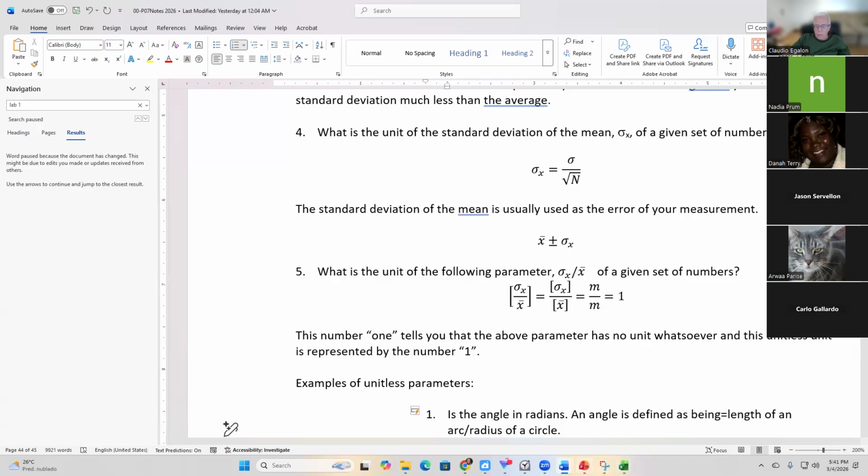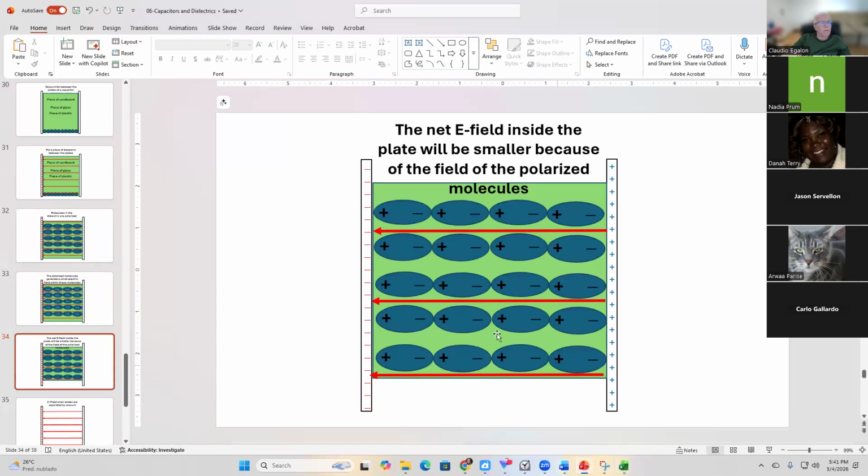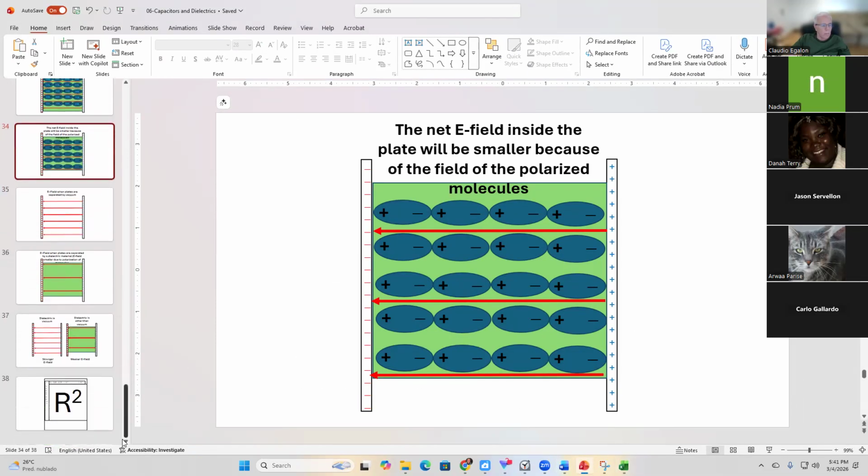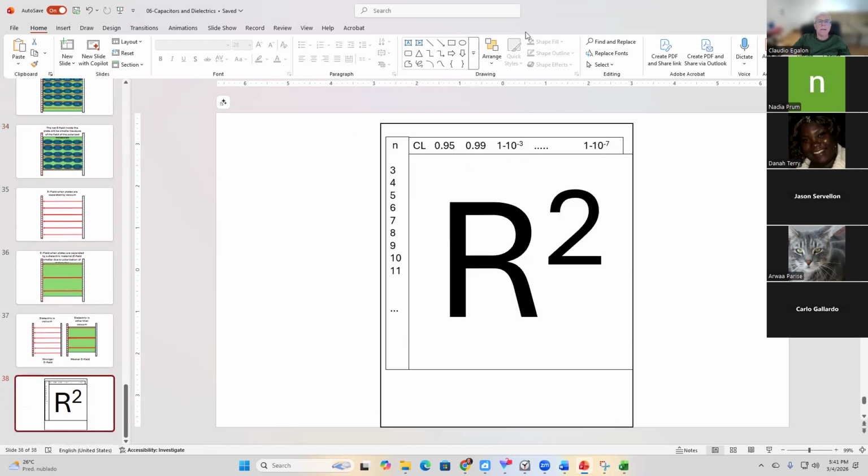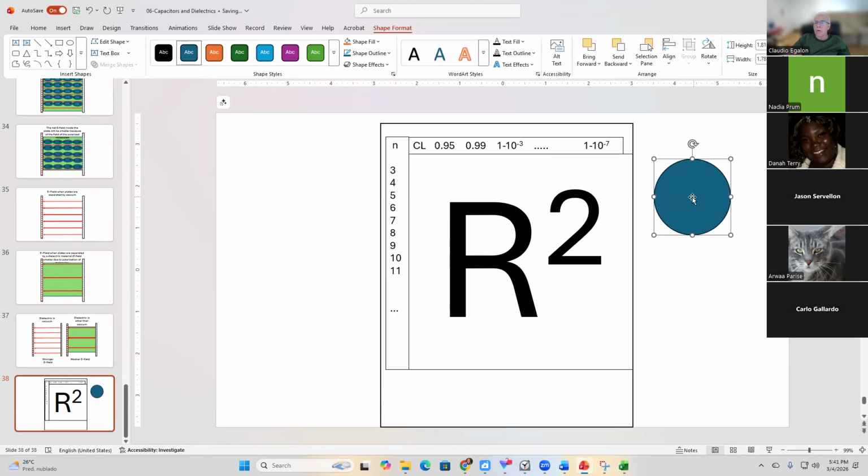If you have a circle, here you go, circle right in here. Suppose that you want to know the angle subtended between this point here and this other point right in here. How do you calculate this angle? You calculate it by measuring the length of this arc divided by the radius of the circle.